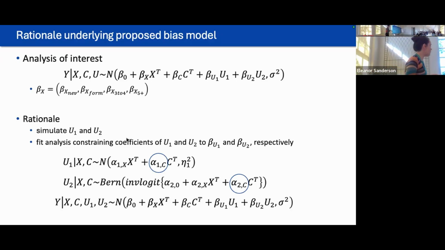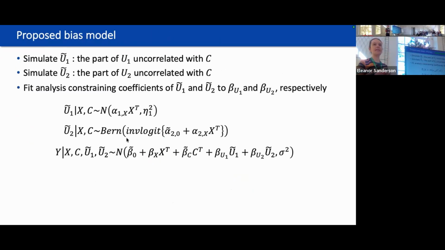Okay, but when we simulate U1 and U2, we don't want to have to specify the relationship between the unmeasured confounders and the measured confounders. We want to avoid having to specify those bias parameters. So our way around that is to not simulate the whole of U1.